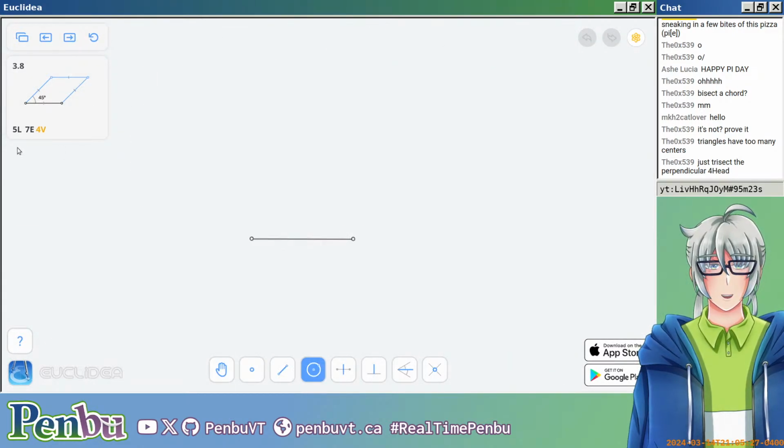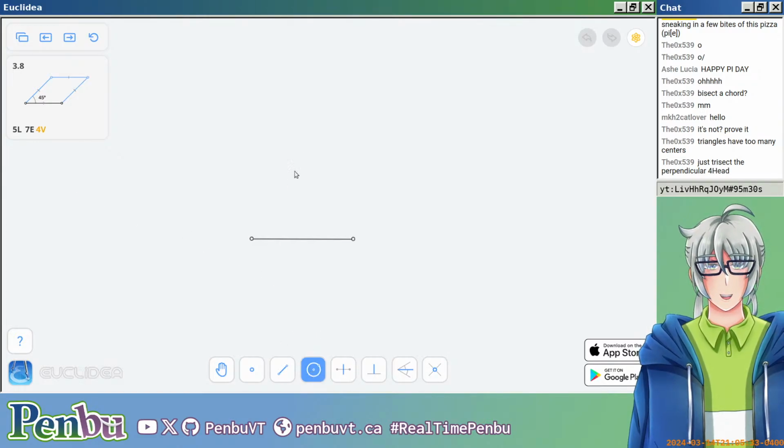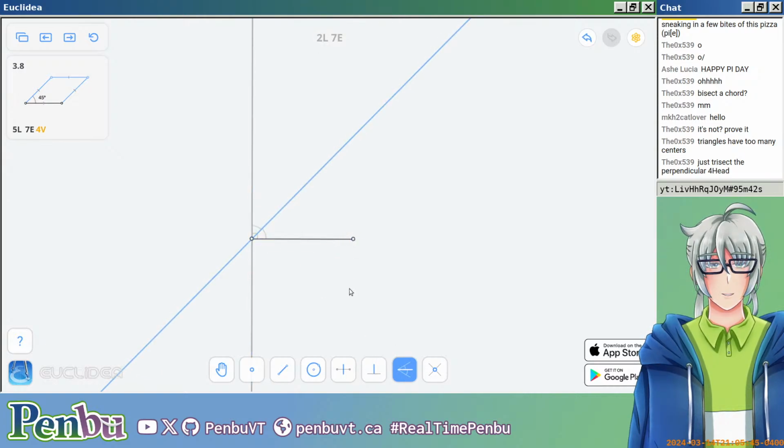But we're going to try for 5L. I don't know if we can do 7E, but we can do 5L. Probably. So we know we need to get a 45 degrees. And we can do that by dropping the perpendicular and then bisecting this.